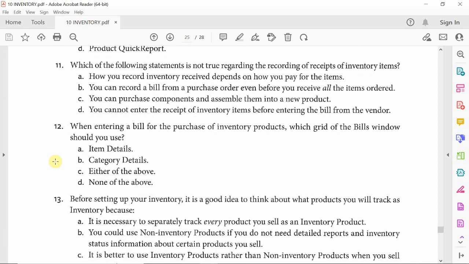Number 12: when entering a bill for the purchase of inventory products, which grid of the bills window should you use?